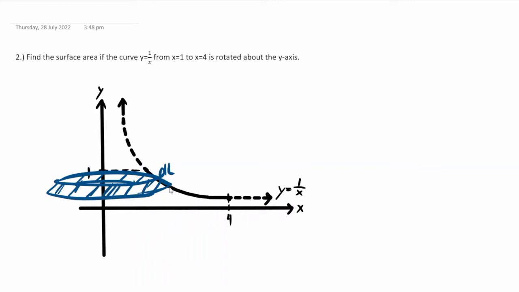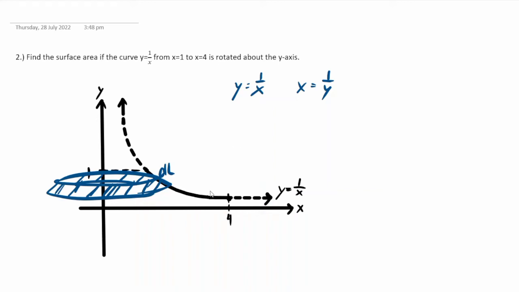And then what we're looking for is the x strip. We'll look for our x. What's given is the curve y equals 1 over x. Now if we multiply by x and then divide by y, we'll have x equals 1 over y, right?